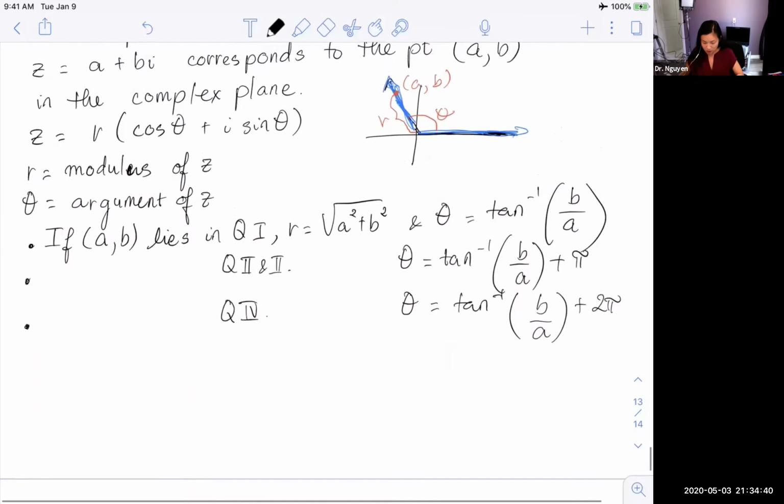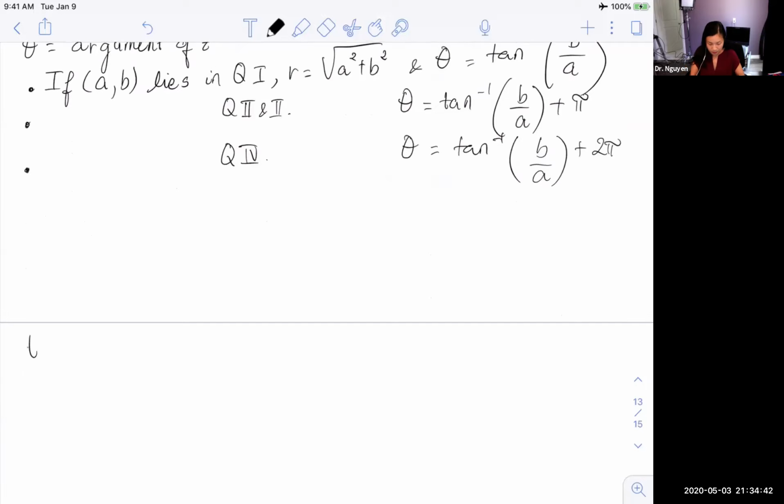So, for example, let's try to write the complex number z equals 6 plus 4i in trigonometric form, or you can call it polar form.